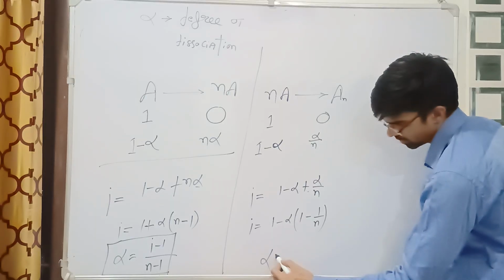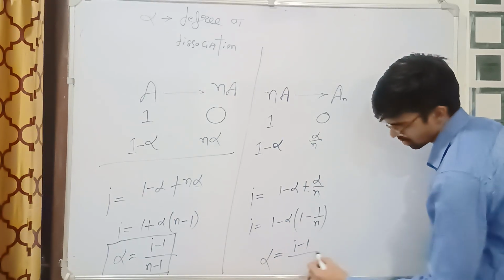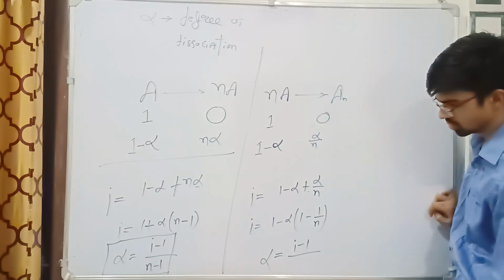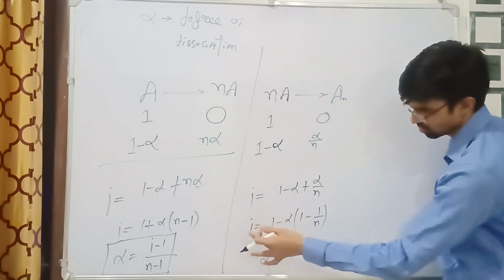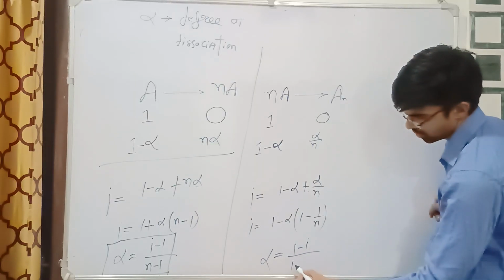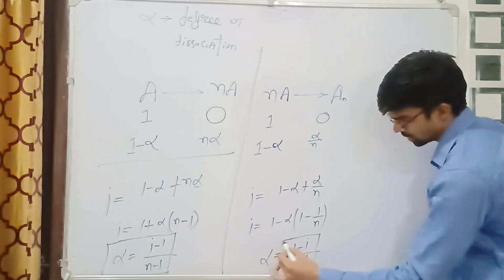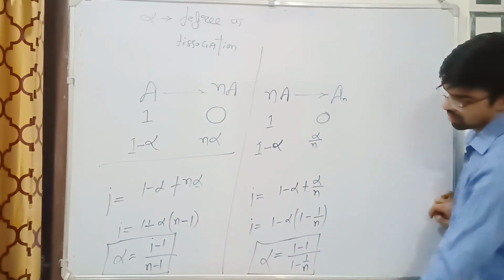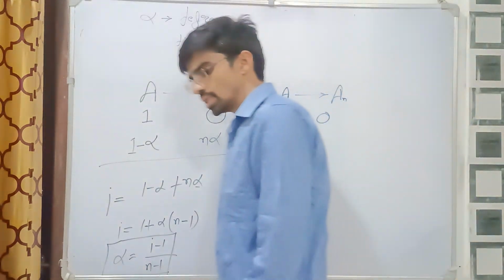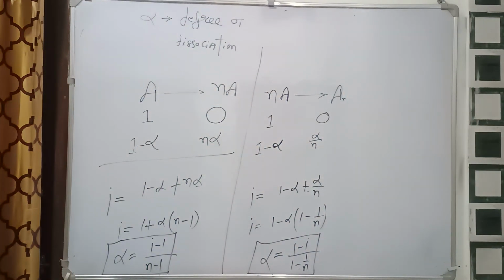So you will get alpha is equal to i minus 1, or 1 minus i, sorry, this will be 1 minus i upon 1 minus 1 by n. So this will be the relation between alpha and i in the case of association.